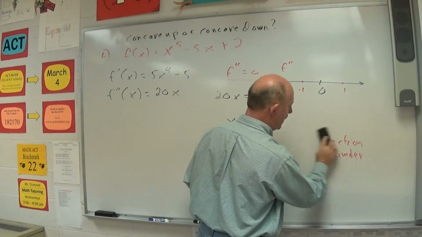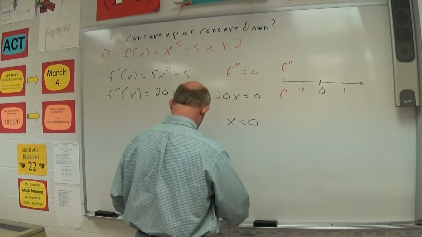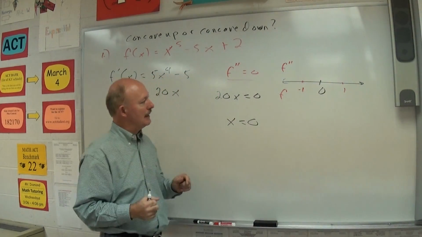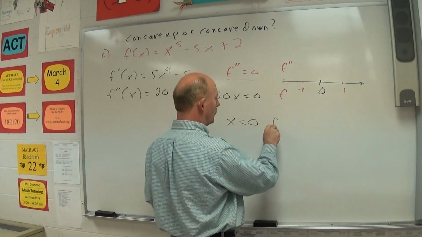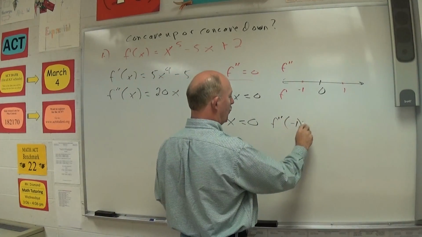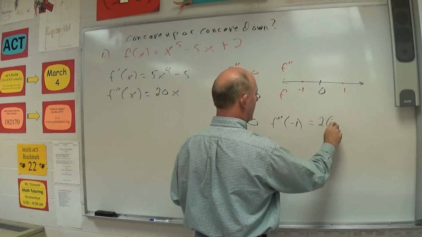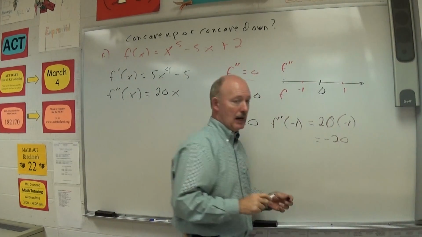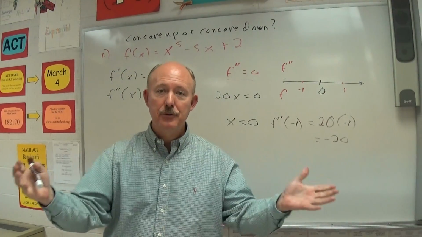So this is an inflection number, if you will. Try the -1 first, and we're going to substitute this into the second derivative. So the second derivative at -1 would be 20 times -1, which is -20. Now, keep in mind, the actual number doesn't matter.